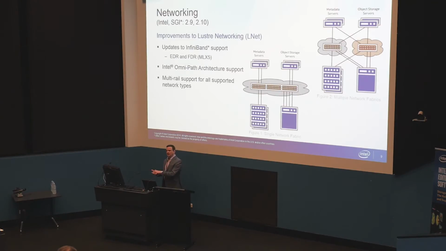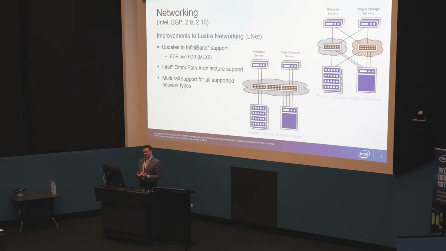That means the MLX5 based EDR and Mellanox OFED stack, as well as Intel's Omni-Path architecture. They're both first-class citizens in Lustre networking and give you dramatic improvements in throughput. The other bit of work that has been going on is support for multi-rail network topologies in the LNet protocol.